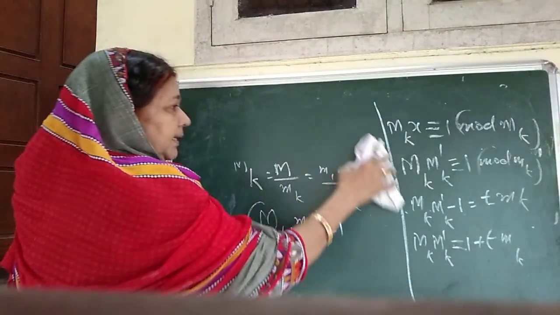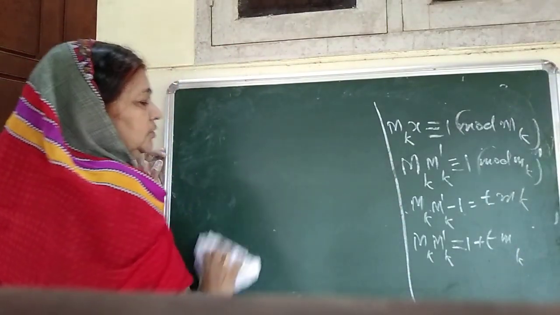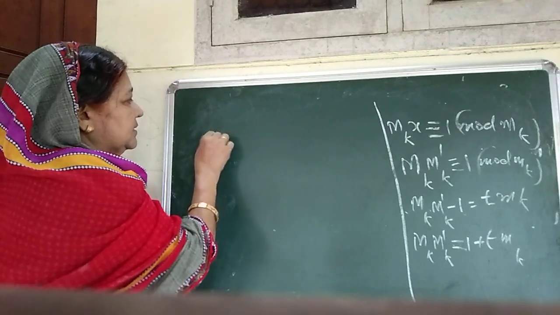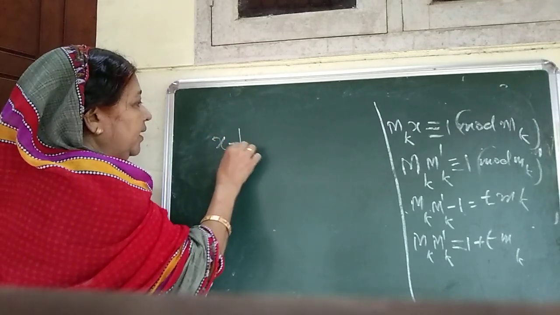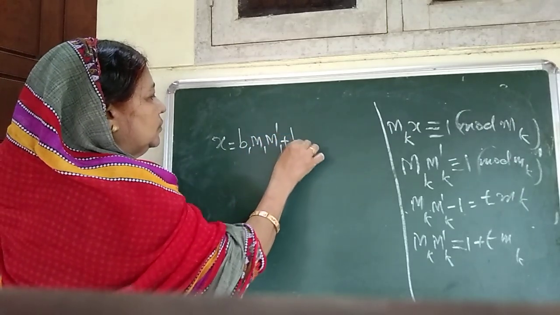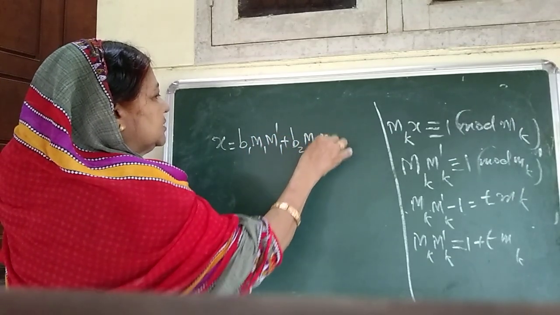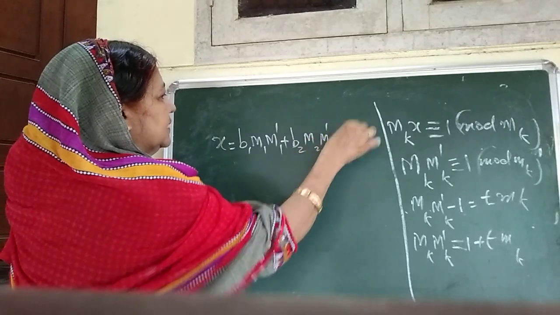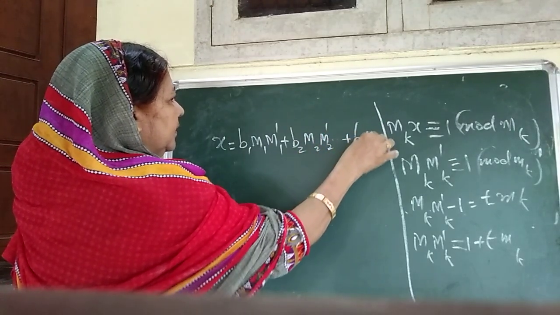Consider small x equal to b1 M1 M1 dash plus b2 M2 M2 dash plus etc. plus br Mr Mr dash.